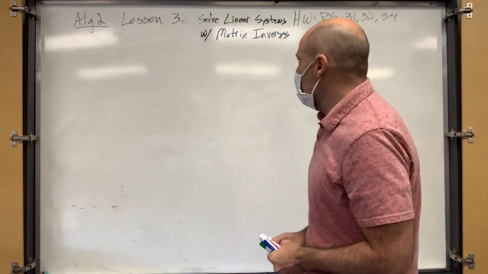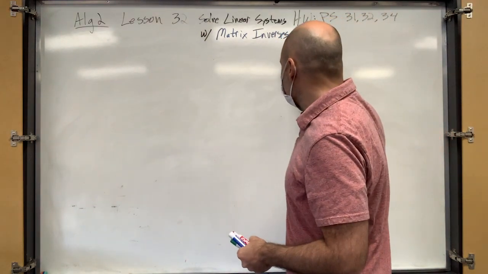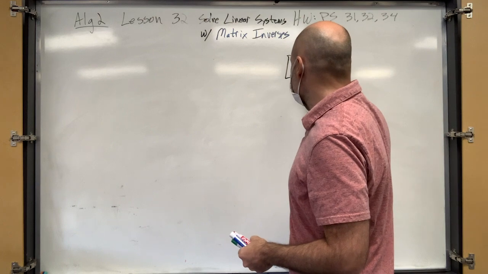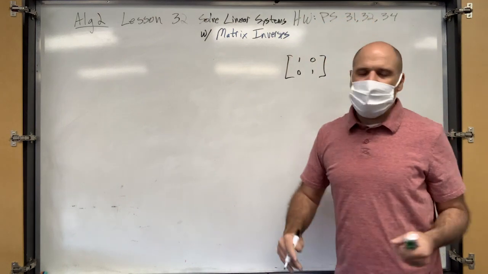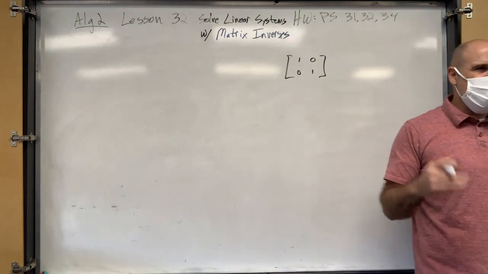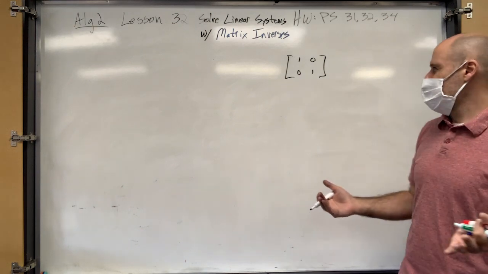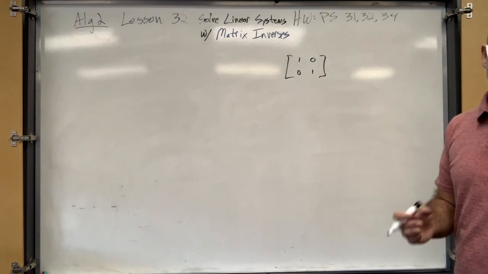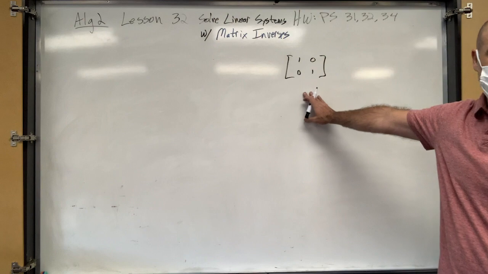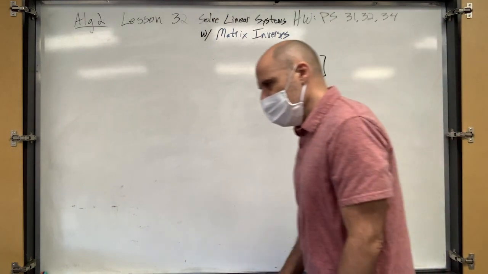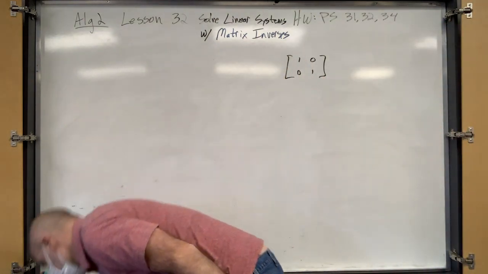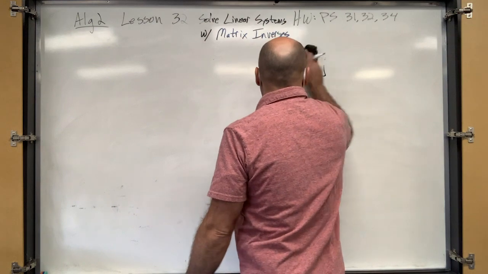So the identity matrix, like a 2 by 2 identity matrix, looks like this, remember? We talked about that a while back. So whatever you multiply by a matrix to get this as the answer is the inverse of that matrix. Okay? So let's just officially review that.